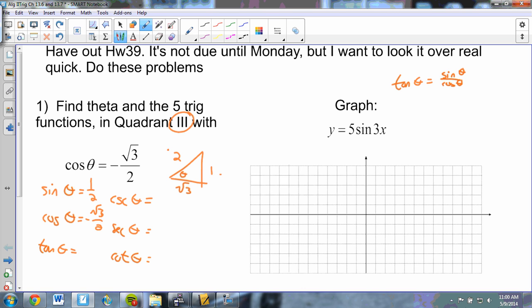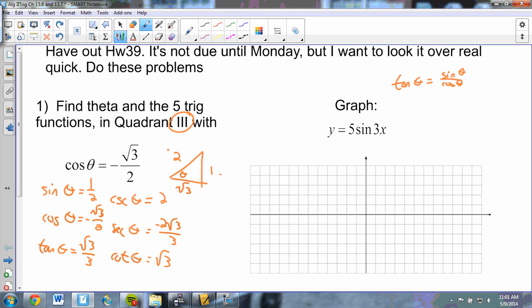Tangent is opposite over adjacent, or 1 over root 3, or root 3 over 3. Cosecant is 2. Secant is negative 2 root 3 over 3. And cotangent is root 3.